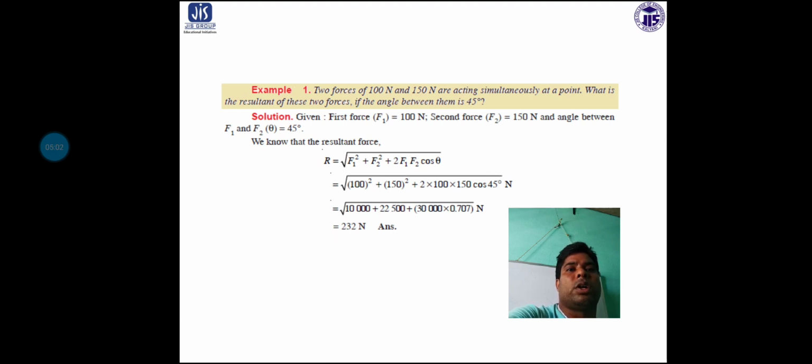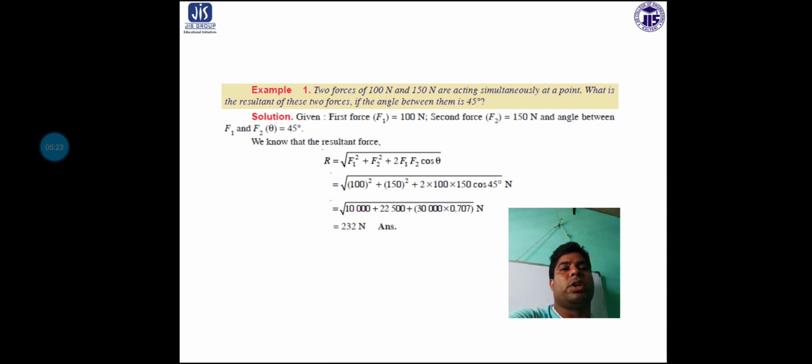What is the resultant of these two forces if the angle between them is 45 degrees? All the values are given here: F1 is equal to 100 Newton, F2 is equal to 150 Newton, and the angle between F1 and F2, that is theta, is equal to 45 degrees.